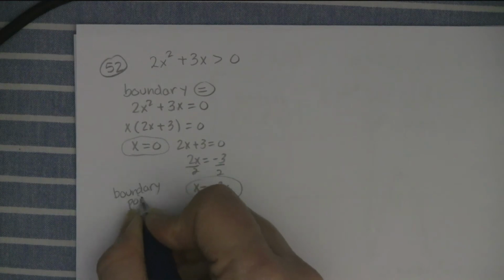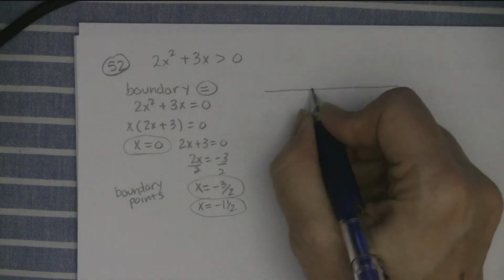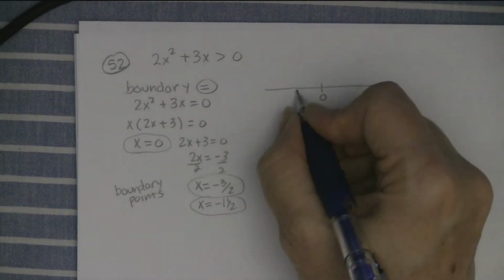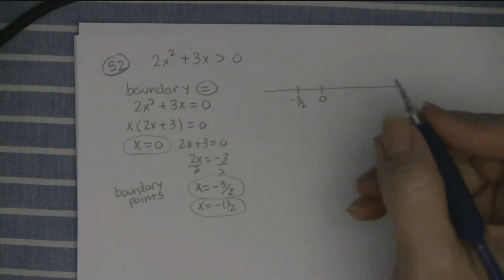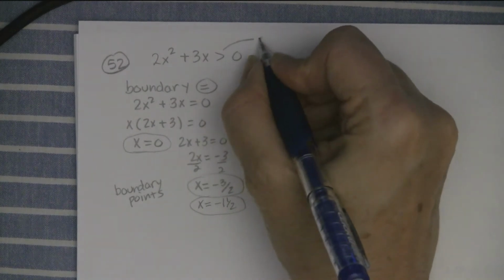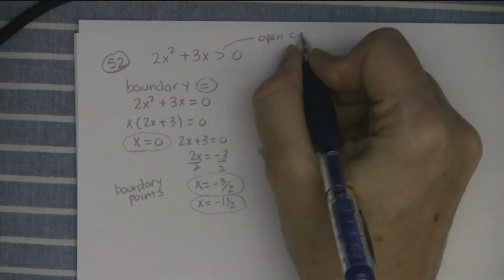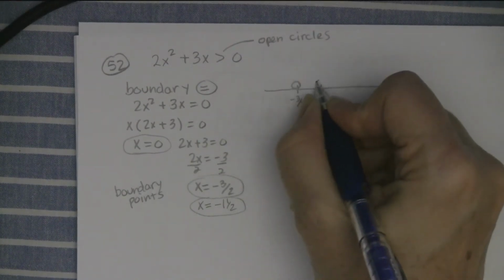What you do with your boundary points is you put them on your number line. So that's the second step. So here's 0, and negative 1.5 is over here. So negative 3/2 or negative 1.5, either way. And then this tells me that you're going to have open circles. So these are going to be open right here.